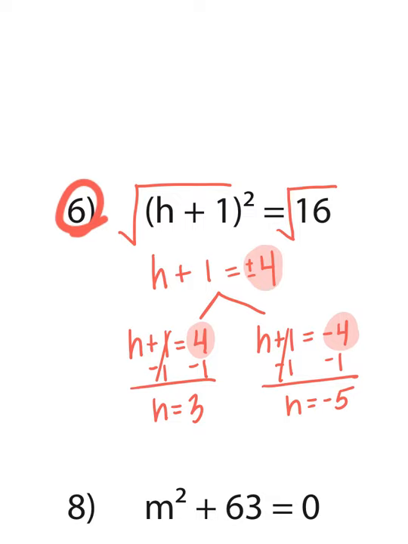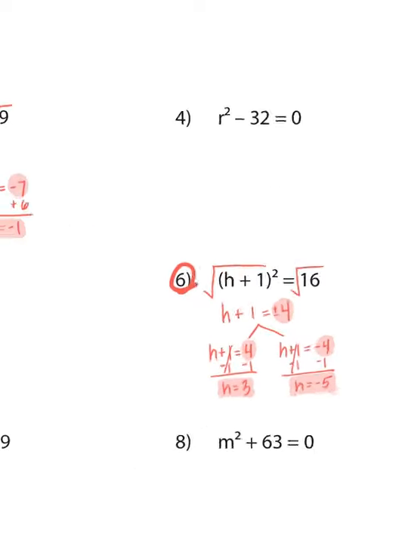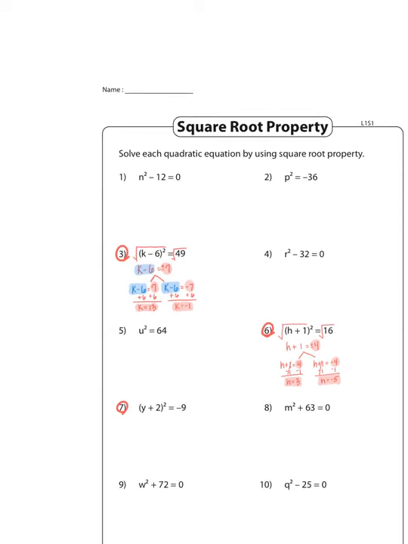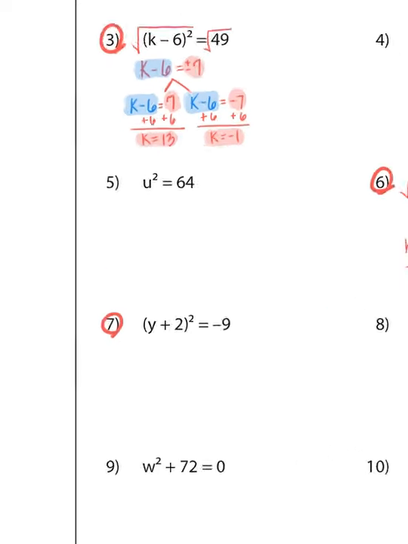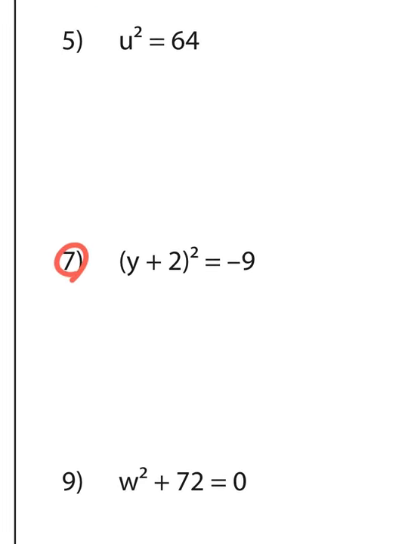So like before, I have two separate answers. h equals 3, and h equals negative 5. Okay? So let's just do number 7 because it brings in another rule.